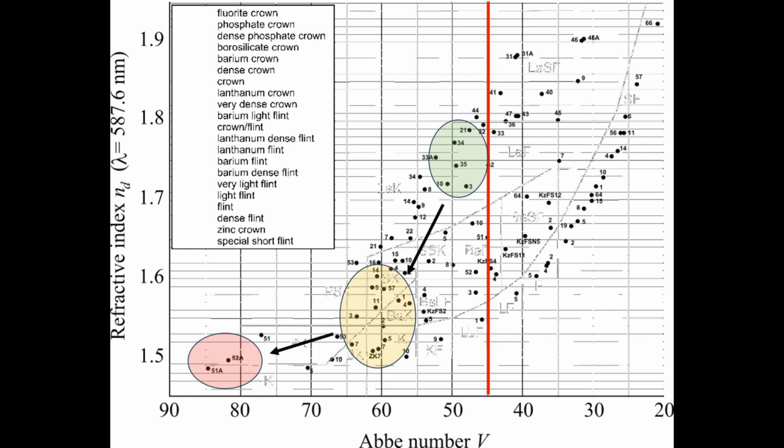So camera manufacturers tended to incorporate more and more extra low dispersion glass in the lenses, at the expense of tonal gradation and the natural look of images.